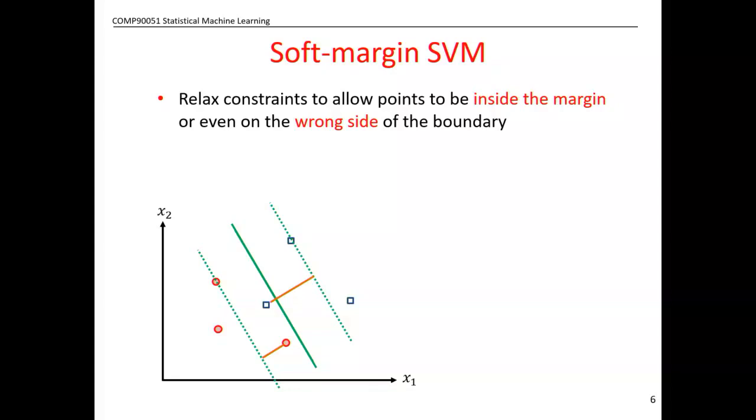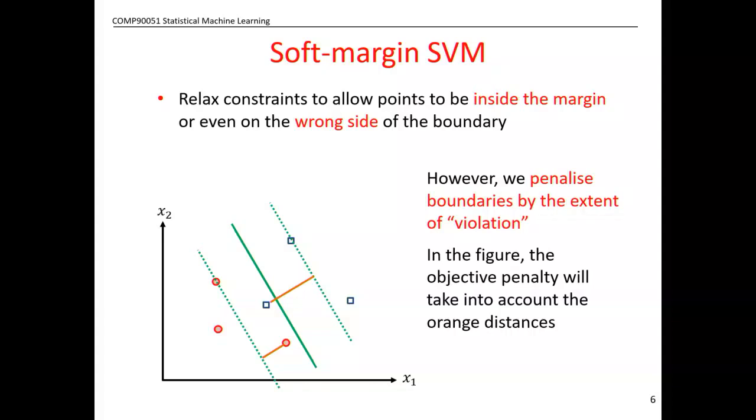And it could even be way on the wrong side, like less than -1. That's fine. We want to allow that, but we don't just want to say, oh, I don't care. I still want to penalize training examples. The more they're inside the margin or on the wrong side of the boundary, the more I want to penalize them. So that's going to inform the choice of loss function we're going to use.